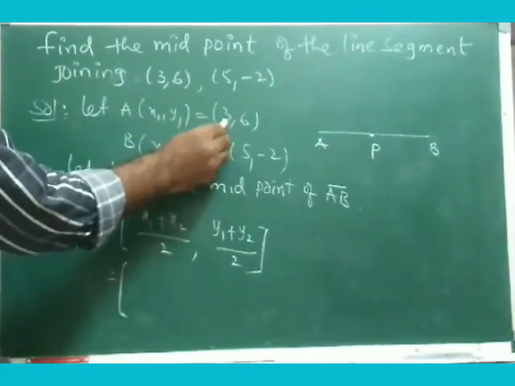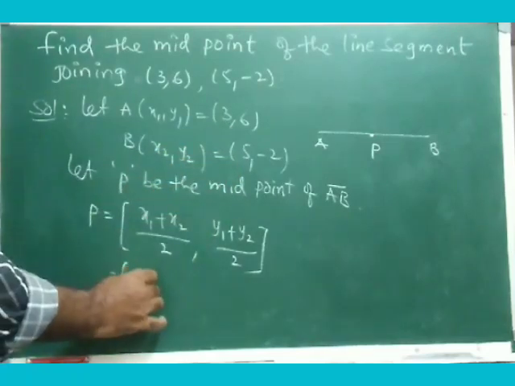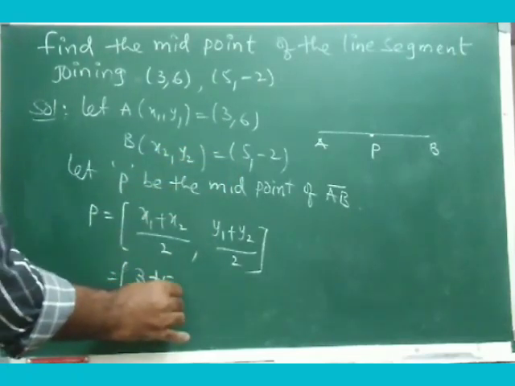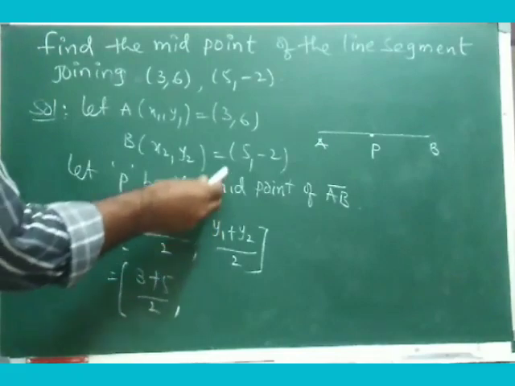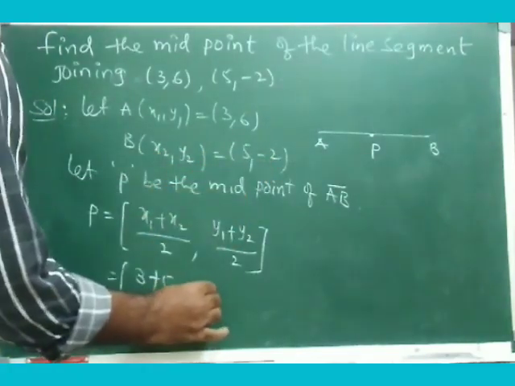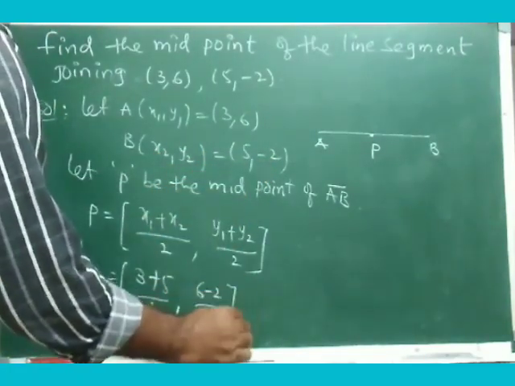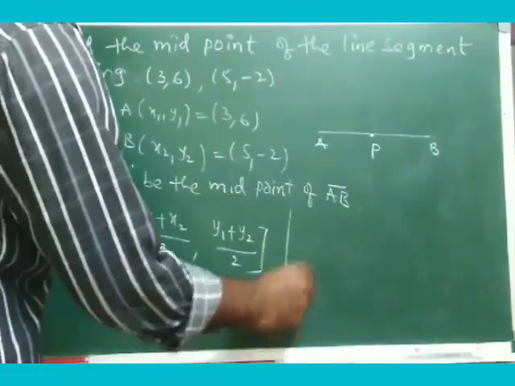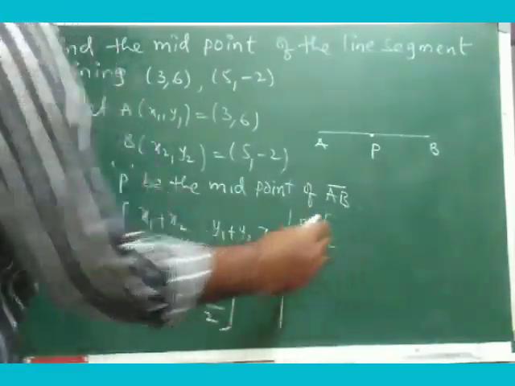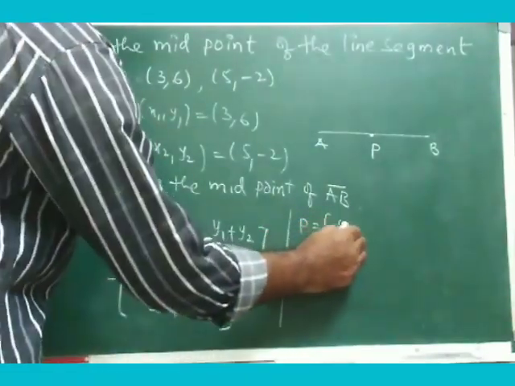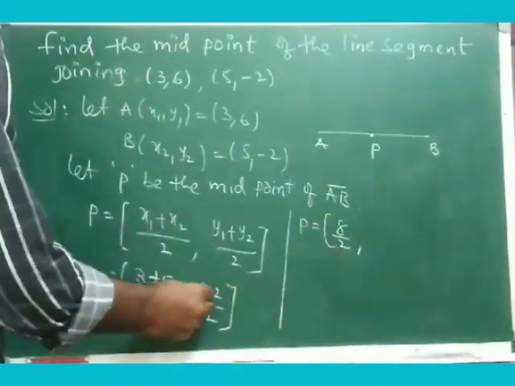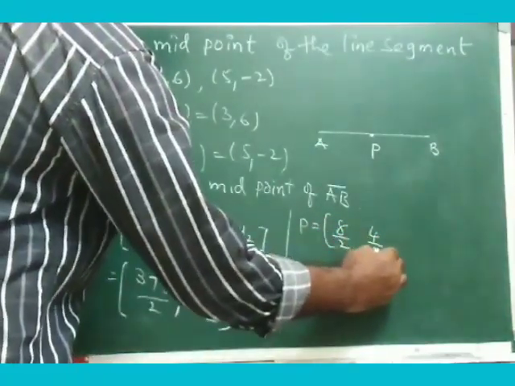Here replace x1 and x2, which are 3 and 5. Hence this is (3 + 5)/2, and y1 plus y2, which is (6 - 2)/2. So P equals (3 + 5 = 8, by 2, comma, 6 - 2 = 4, by 2).